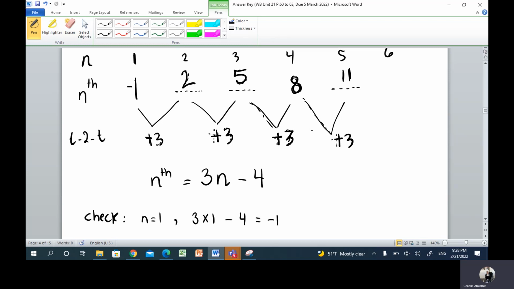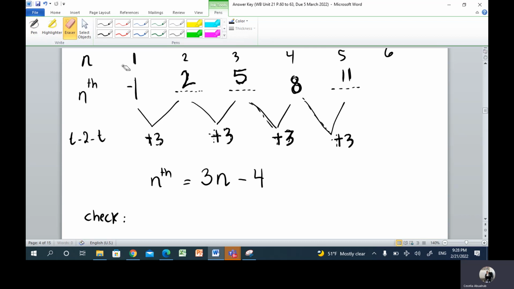Okay, let's try the next one. So you're going to say if n is equal to 2, then 3 times 2 minus 4 is equal to 3 times 2 is 6. 6 minus 4 is 2. Did I get the second term, which is 2? Yes, I did, which means that my nth term is correct.